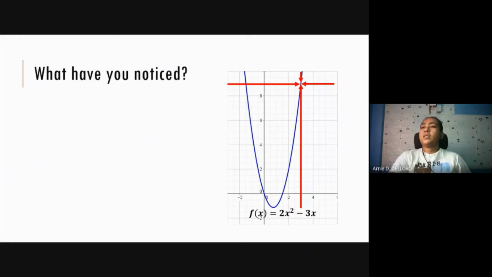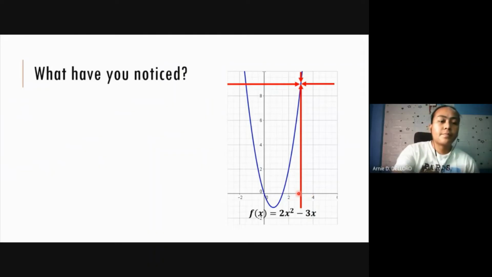Okay? So as x approaches 3 from the left, okay? As x approaches 3 from the left, mula dito, papunta dito, okay? Ano yung number na tinutumbok niya? And what value of the function does it approach, or ano yung tinutumbok ditong arrow na to as x approaches 3 from the right?